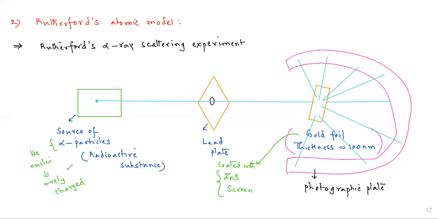As and when the alpha particles fall on the zinc sulfide screen, a kind of scintillation is produced. After that, of course, they get scattered. This is all the experiment they have done.